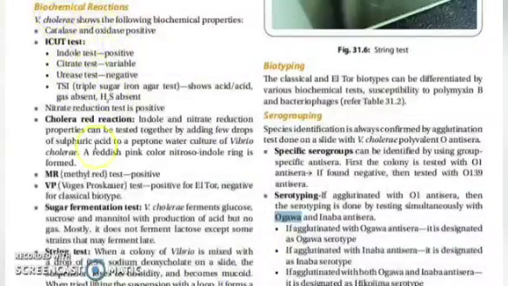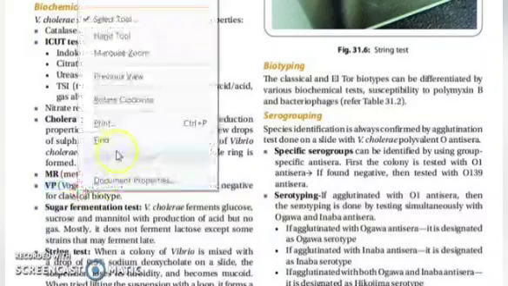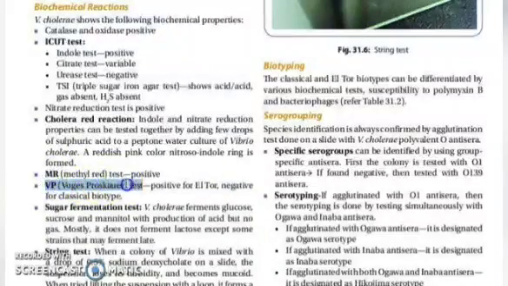Actually, in the textbook, they have given a lot of biochemical tests. The Voges-Proskauer VP test: like I told you, for the classical biotype it will be negative, except El Tor will show positive.